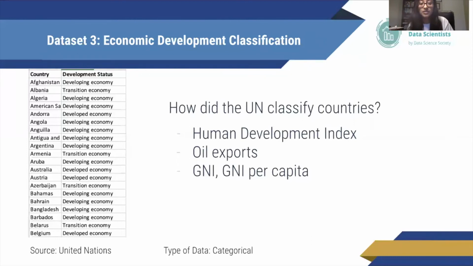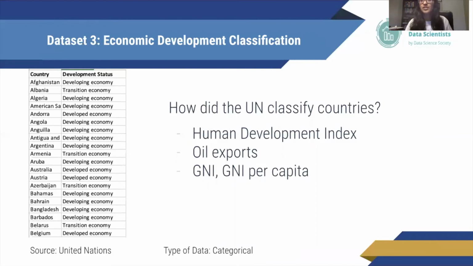This is categorical data, but it's important to understand why the UN chose these categories and assigned them to specific countries, as these classifications with these types of data sets are really important as they influence our findings. So the UN classified countries based on the Human Development Index, which is an index that contains various economic indicators and social indicators to determine how developed a country is.